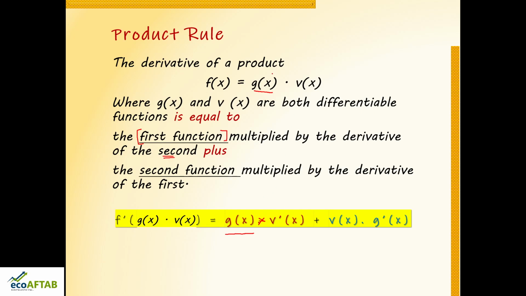So, if this is our first function and this is our second function, then this is our second function which is having the derivative, plus the second function multiplied by the derivative of the first function. So, this is the formula to calculate the derivative if we are having two functions which are to be multiplied with each other, and that is where the product rule comes into the picture.